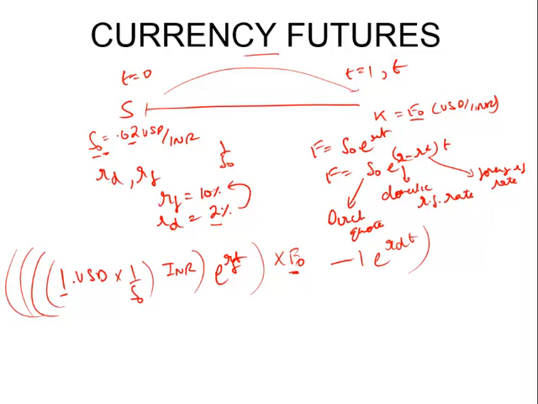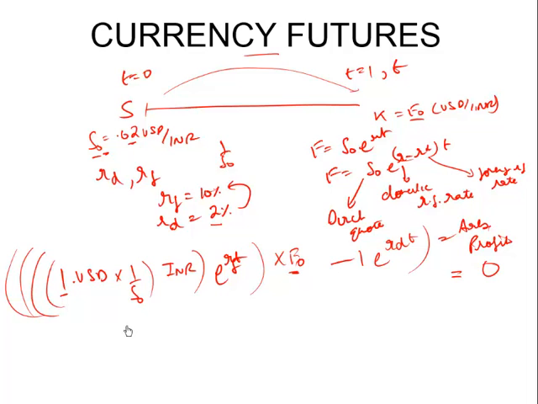This difference is equal to my arbitrage profit, and the no arbitrage principle argues that this arbitrage profit should be 0. Otherwise everybody will just do this. So the forward rate would be such that this arbitrage leaves us nothing.